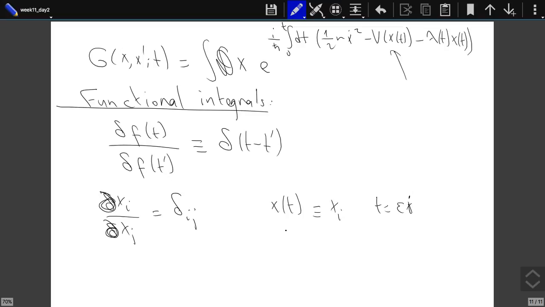The nice thing is that, for example, if you have such an integral and you differentiate it with respect to, let's say, lambda of t prime, this is just x of t prime.